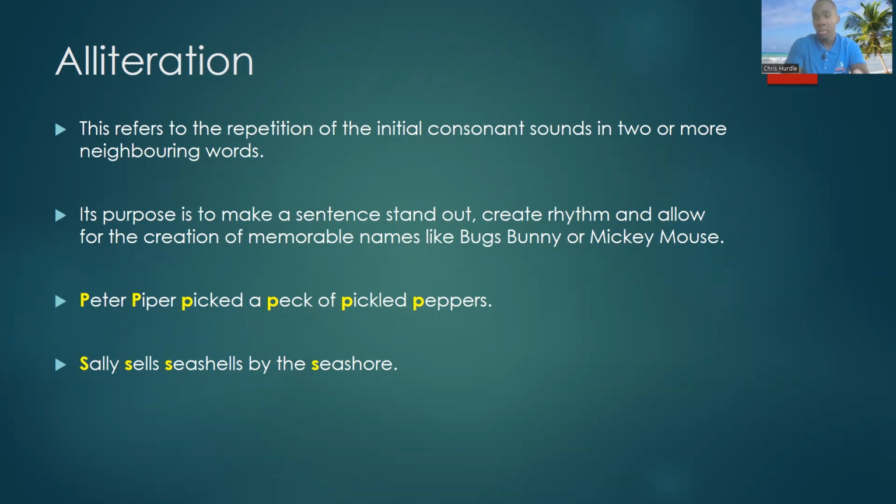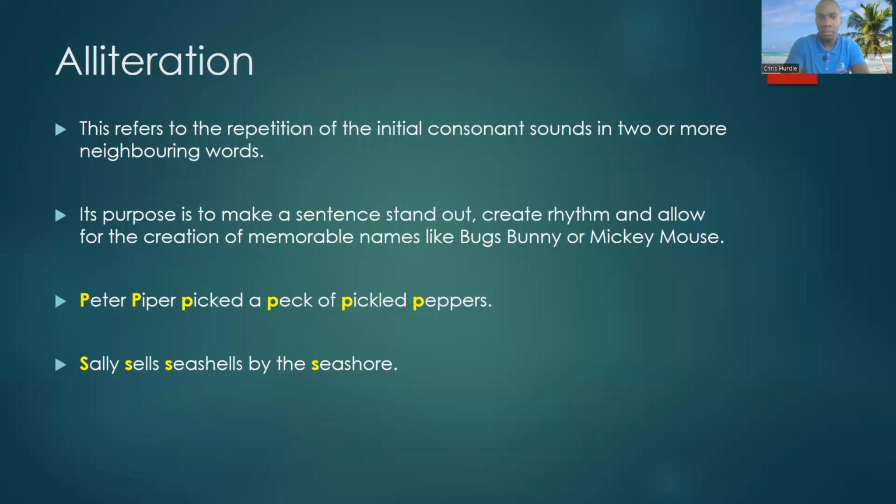If I were to hear those names, I would be interested in finding out what these characters are about, because the repetition of the M just makes it sound cool. So that is the purpose of alliteration. It is used to make language more creative, and it appeals to our sense of hearing.